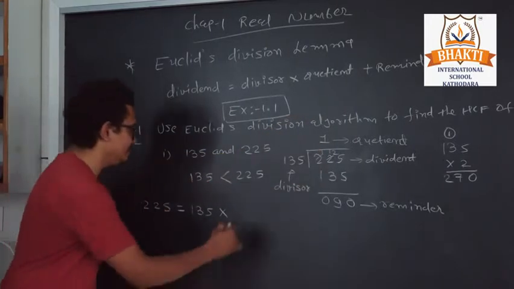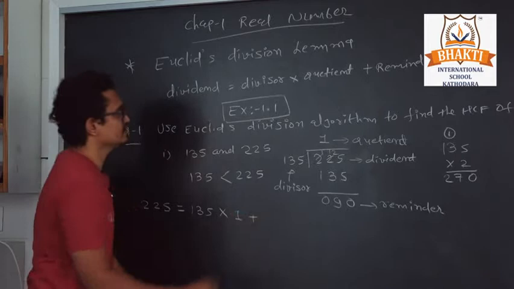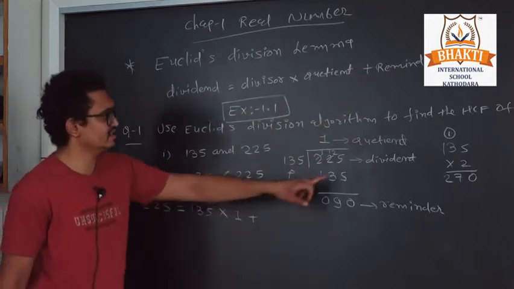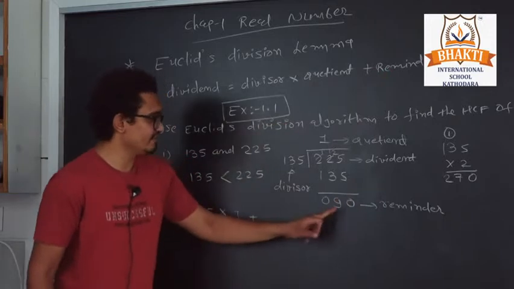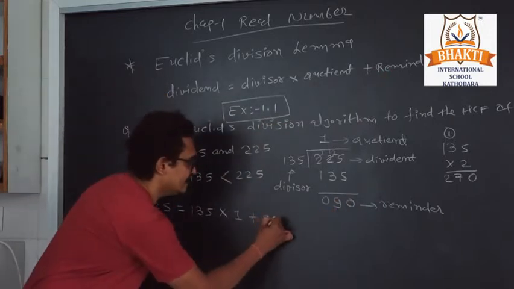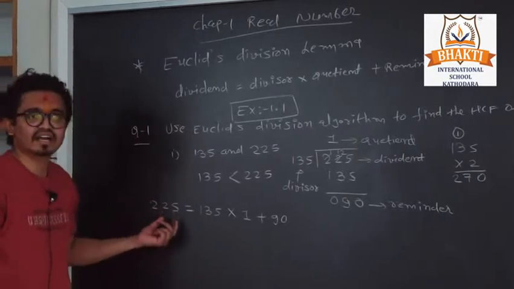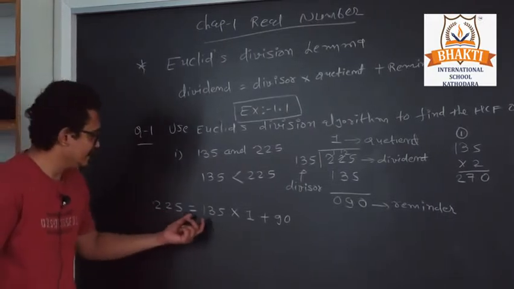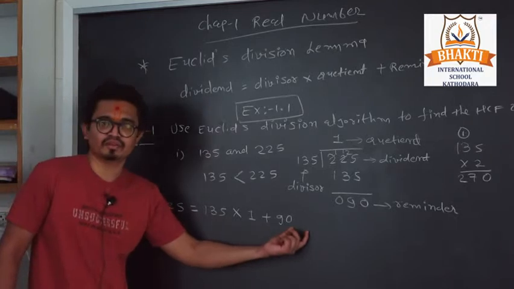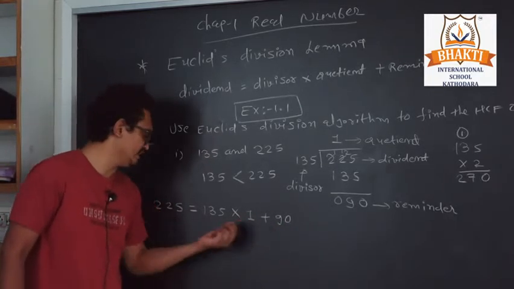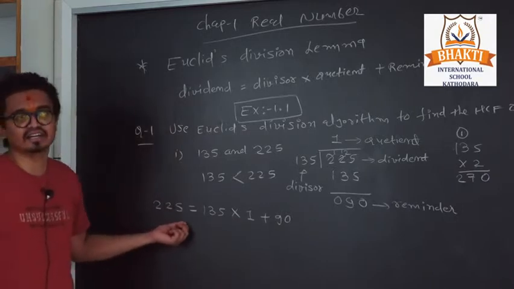It is 1. Then we have a plus sign. Next, what is our remainder? Here we get 90 as our remainder. So we can write 225 in that form: 135 ones are 135, 135 plus 90, so we get 225.